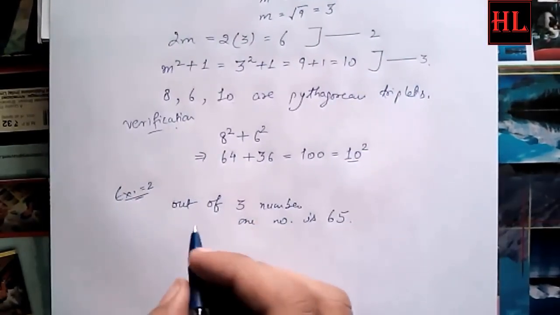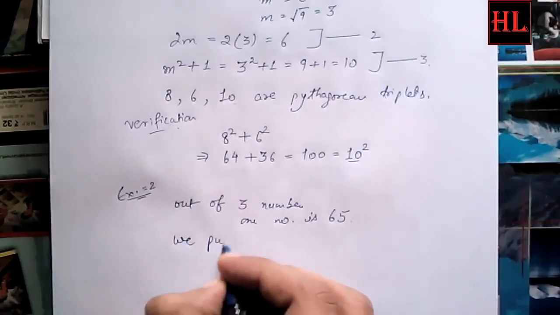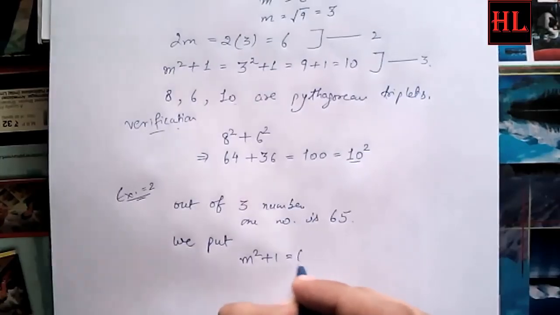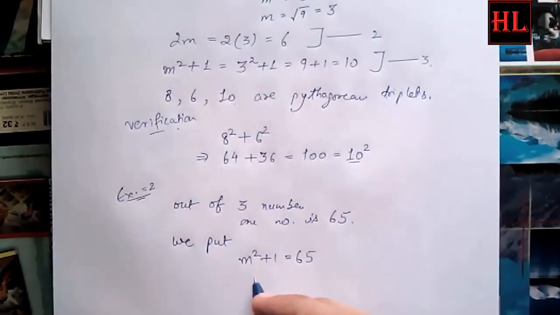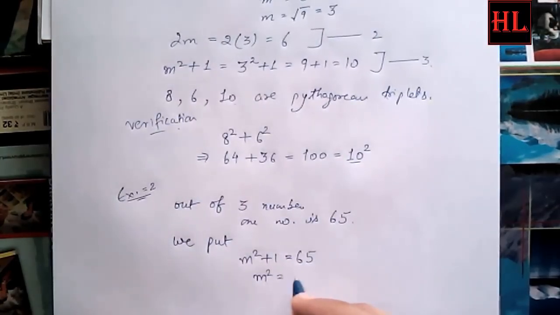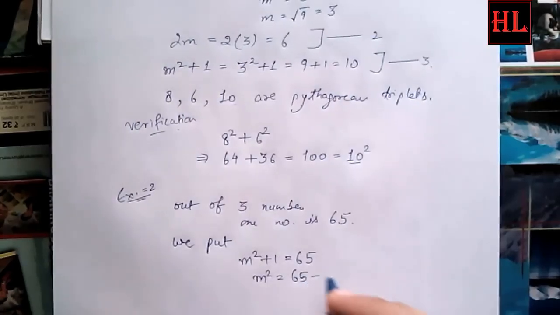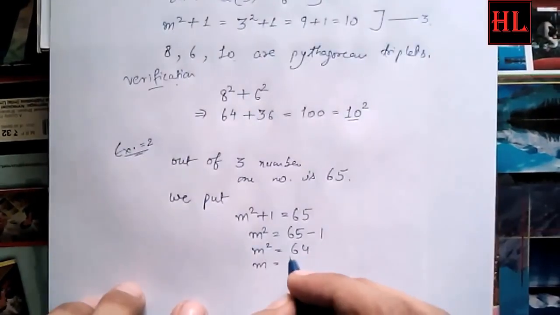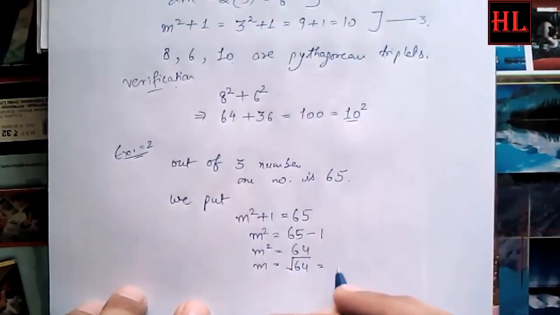So we put m square plus 1 equal to 65, which will give us the value of m as 8.